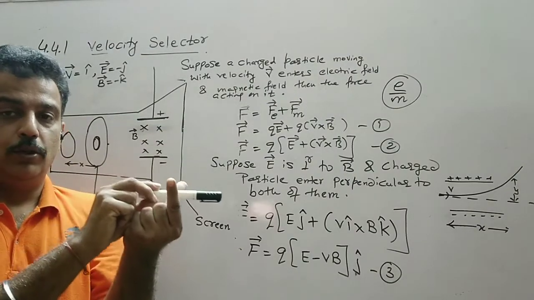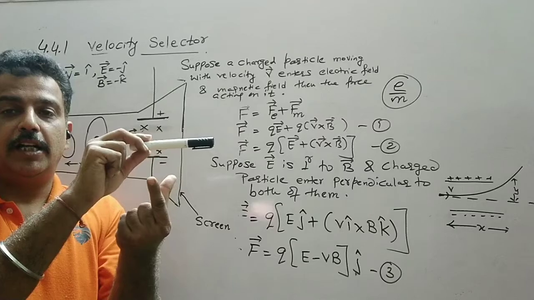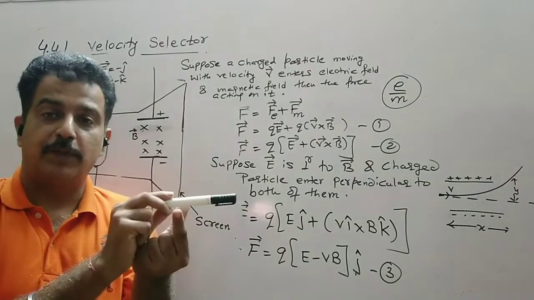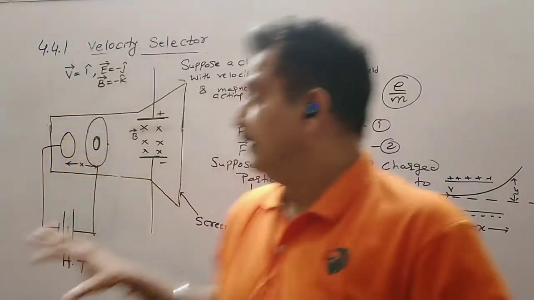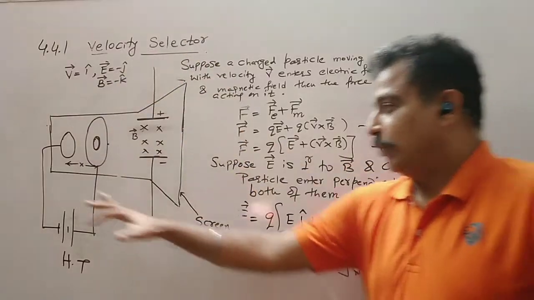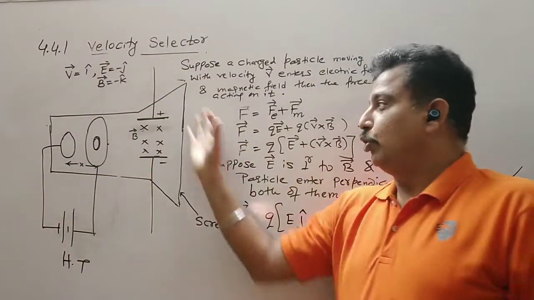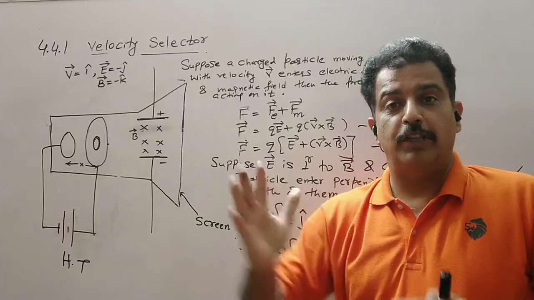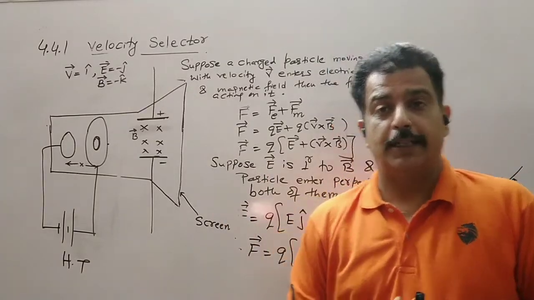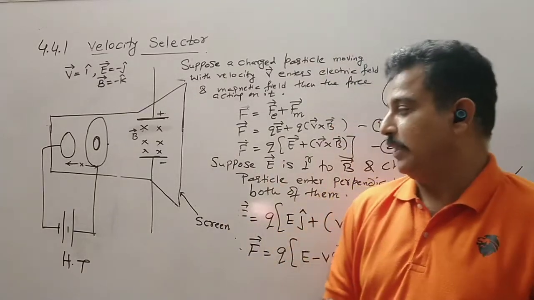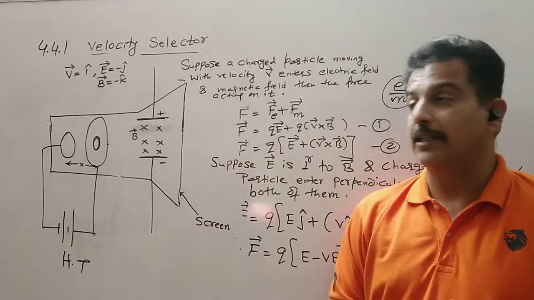So this is how the electric and magnetic fields are crossed in J.J. Thomson's experiment. This is a cathode ray tube. This entire tube is called a cathode ray tube, which was initially used in television. Now the technology has changed, so the tubes are being replaced.